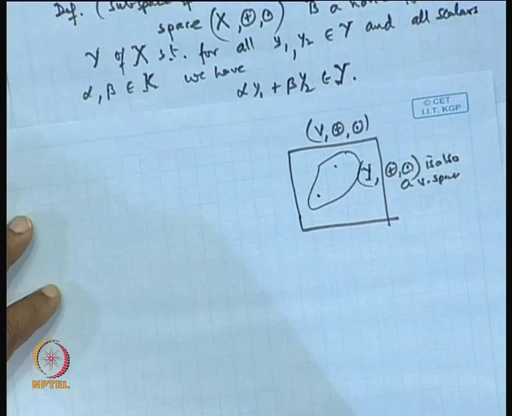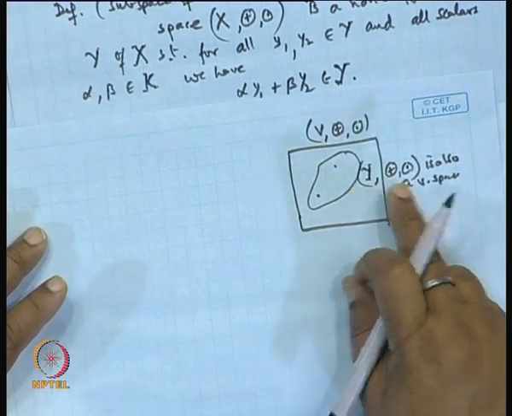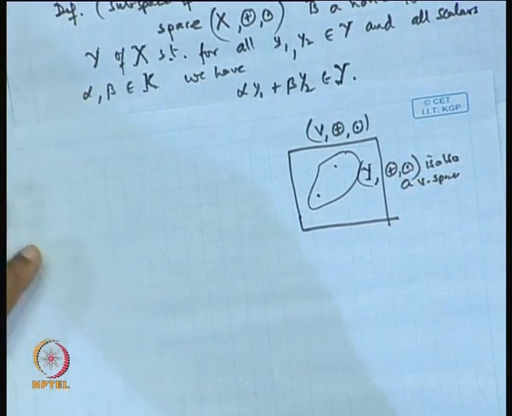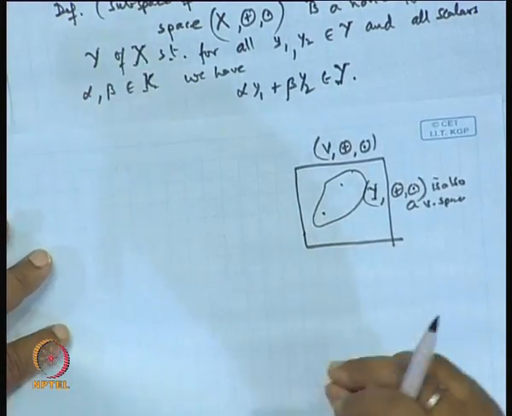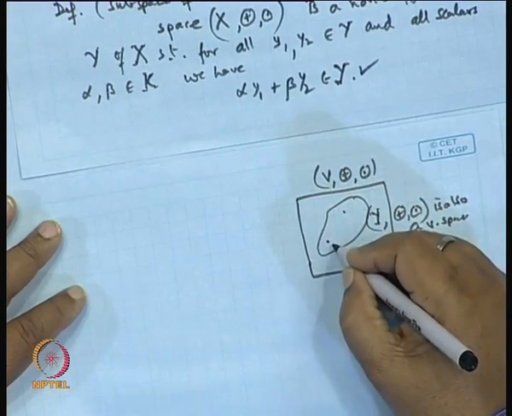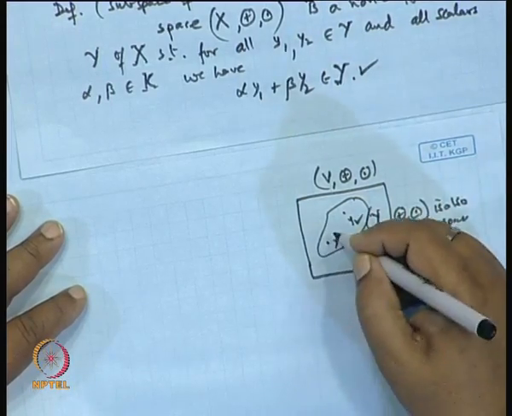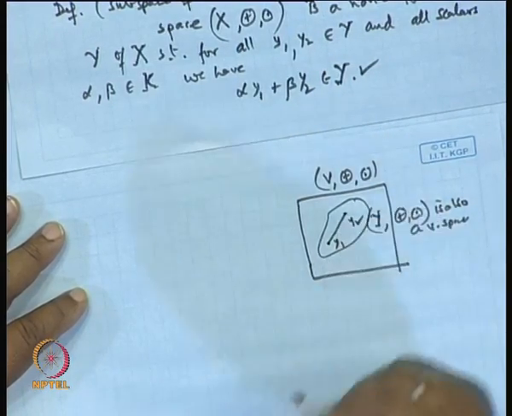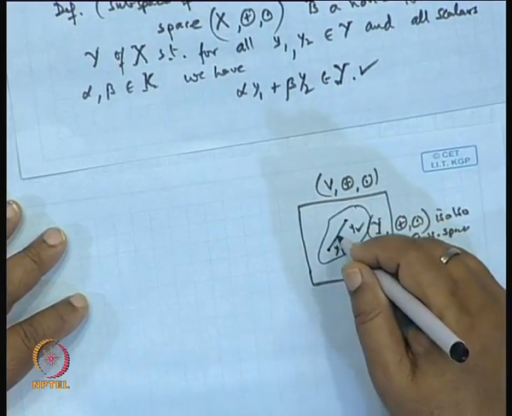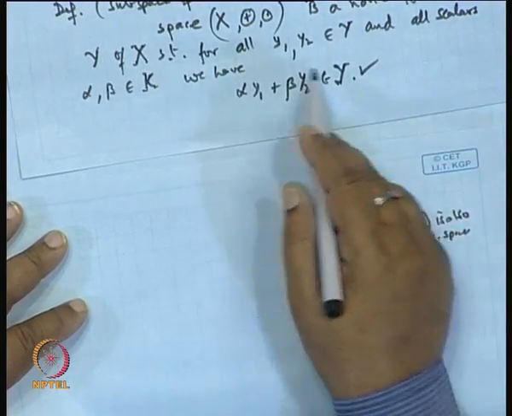Clear? But in order to prove that Y with the addition and scalar multiplication is a subspace, you have to verify the 10 properties. Those 10 properties can be avoided, simply you have to justify this condition. What condition is that? If y 1 and y 2 are points in Y, then if we take the linear combination alpha y 1 plus beta y 2, that vector must be a point in Y. Now, only this condition is enough.